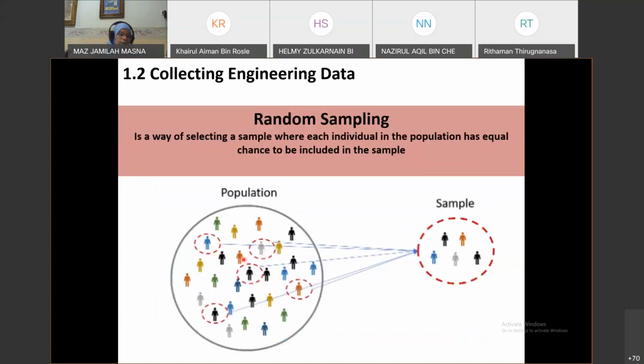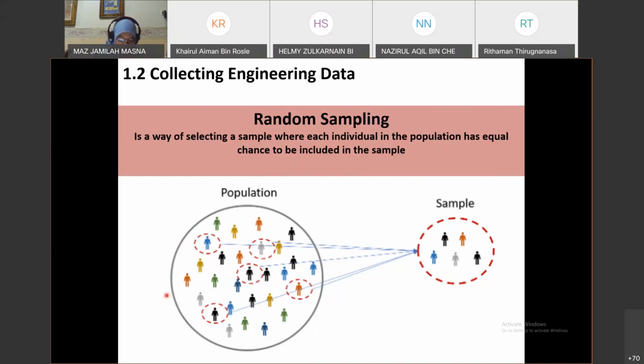Now, in order for you to collect your sample in statistics, random sampling is the most common one. Of course there are many other sampling procedures, and we will see some examples of that. But random sampling is one way of selecting a sample where each individual in the population has an equal chance to be included in the sample.